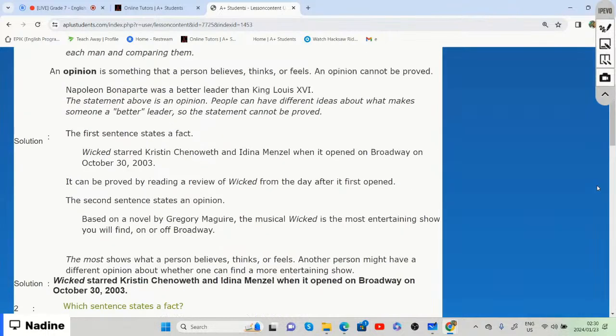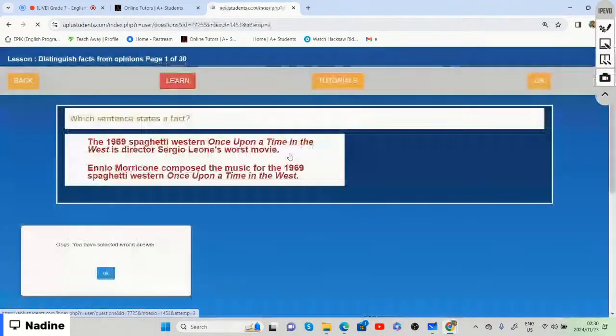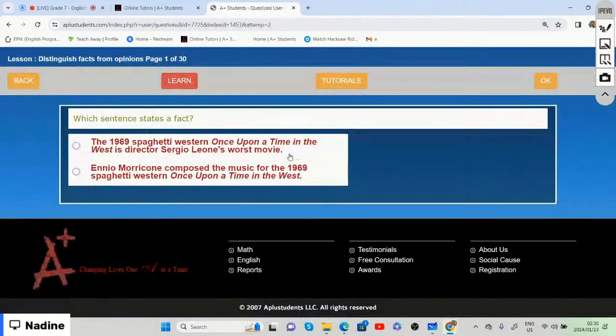All right, let's do our test. We are still distinguishing facts from opinions. So now we need to say which sentence states a fact. Is it the 1969 spaghetti western Once Upon a Time in the West is director Sergio Leone's worst movie?